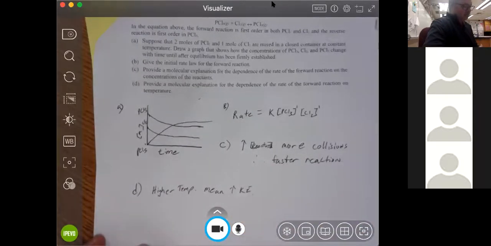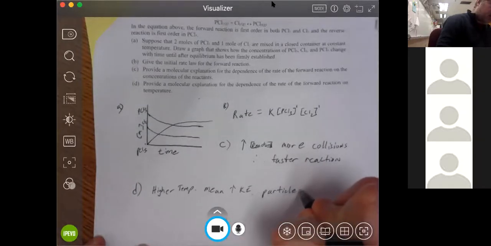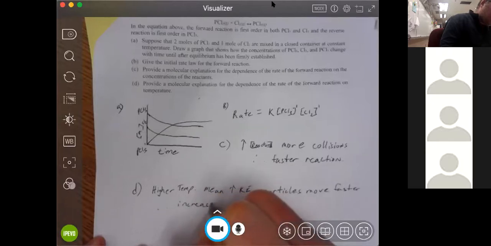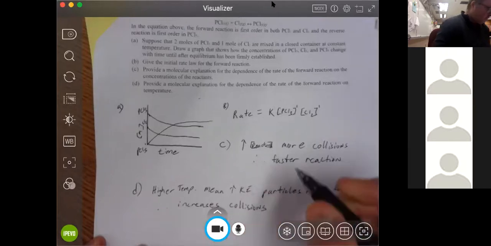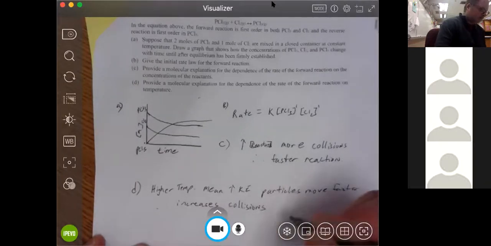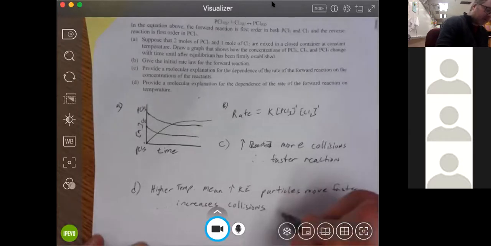So if their kinetic energy is higher, particles are moving faster, therefore colliding more often. Since more particles are colliding more often, faster reaction.